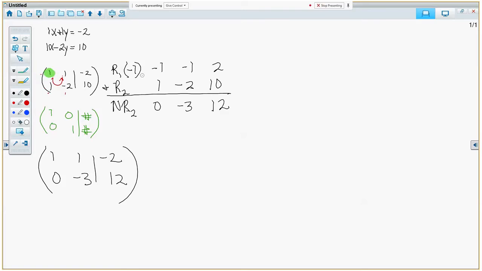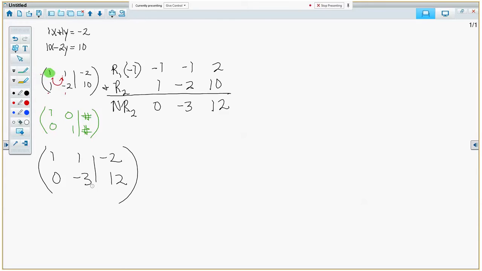Where else have we seen the opposite signs? Elimination. You're using parts of elimination to do this problem. So, -1, -1, +2. And I take my row 2 and I add row 1 multiplied by -1, and I get new row 2. And I put it right here.